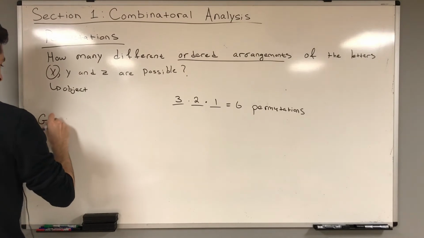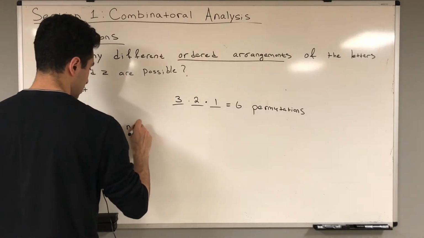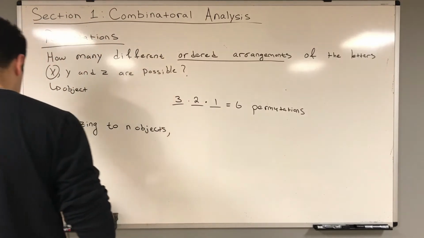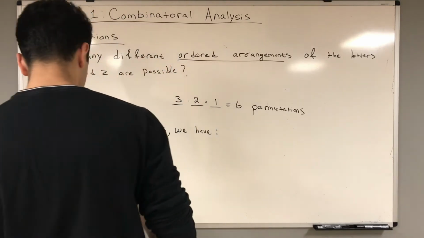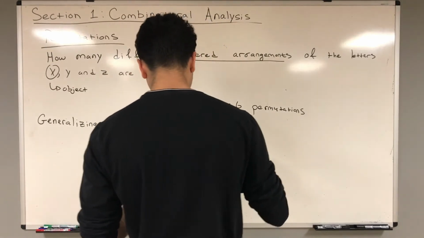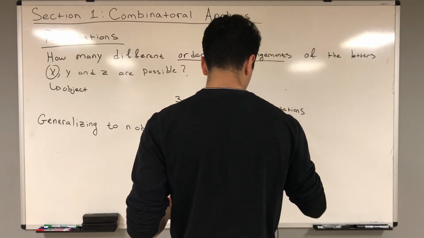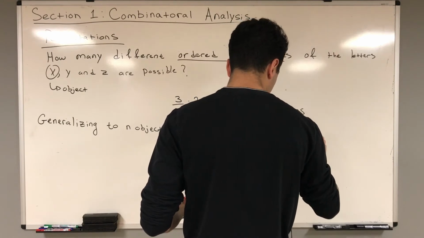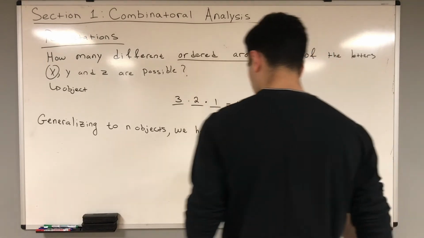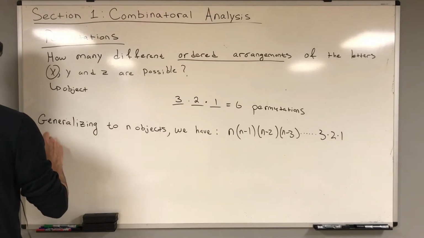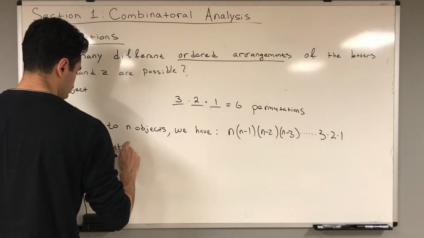So generalizing to n objects, we have n times n minus 1 times n minus 2 times n minus 3 times and so on, times 3 times 2 times 1 different permutations. Okay?